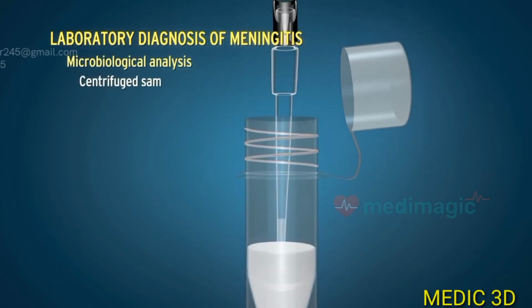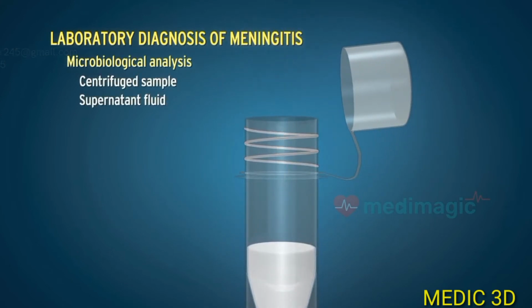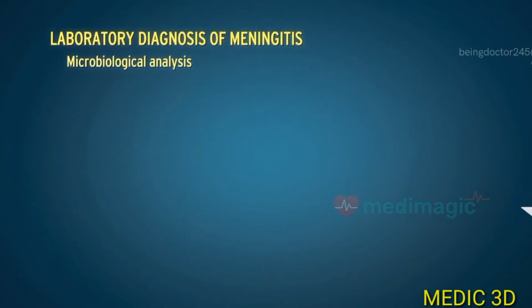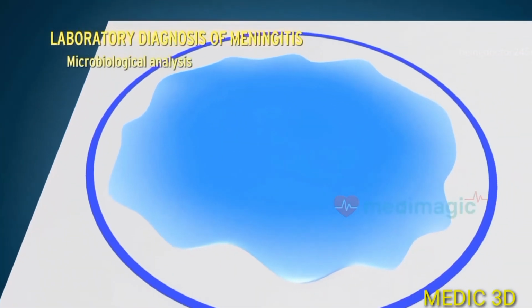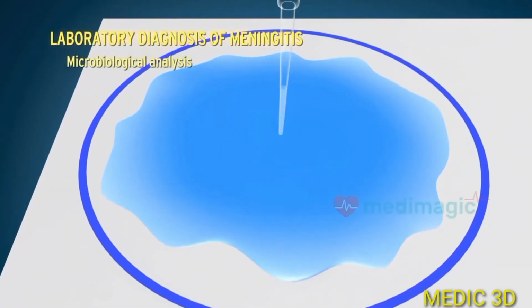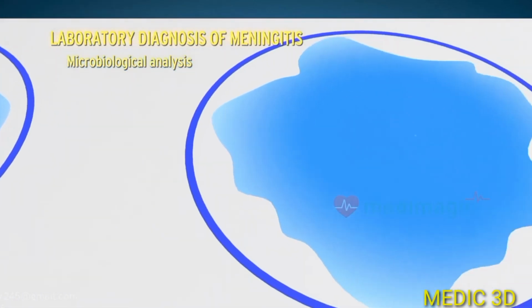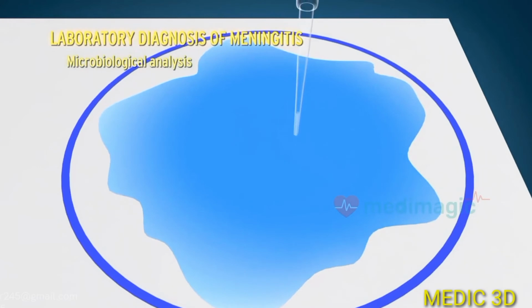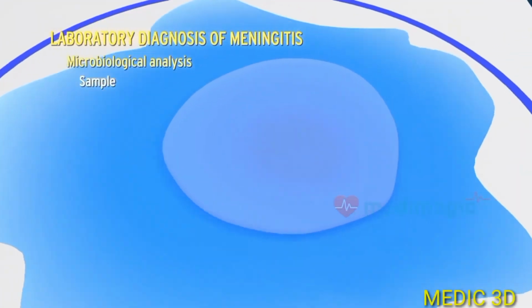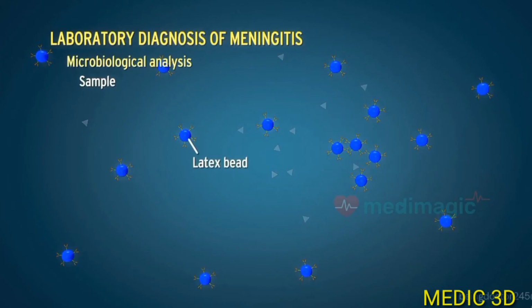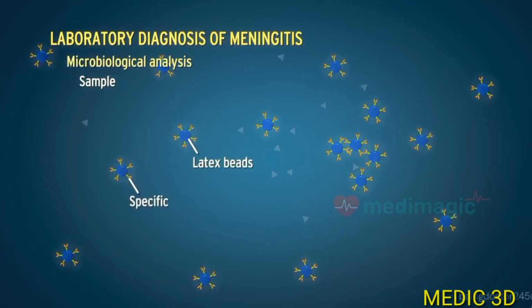From the centrifuged sample, the supernatant fluid is used for latex agglutination. The sample is mixed with latex beads that are coated with a specific antibody.